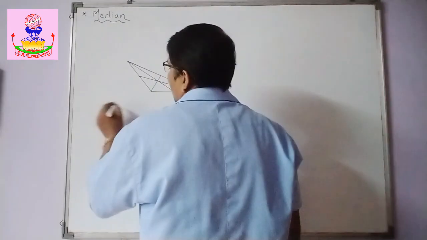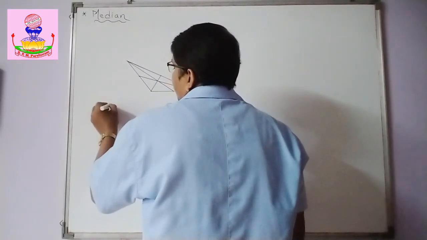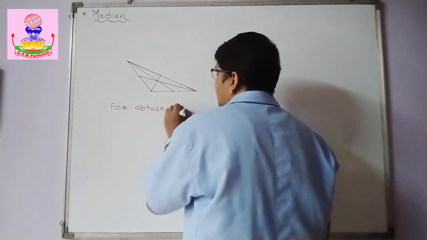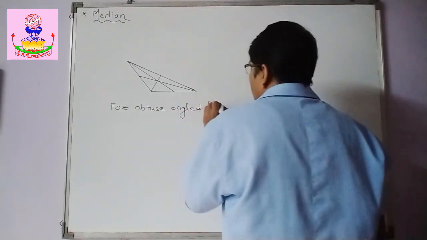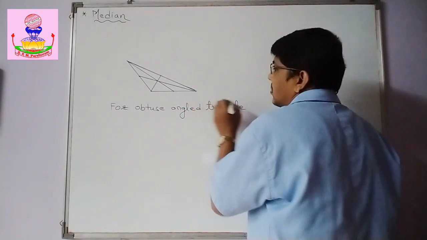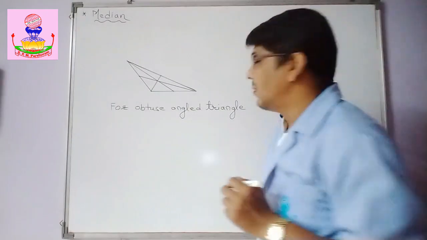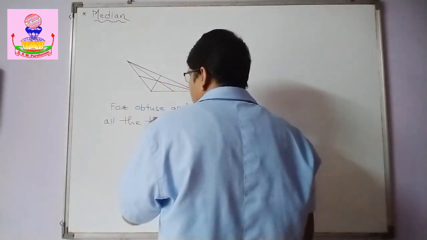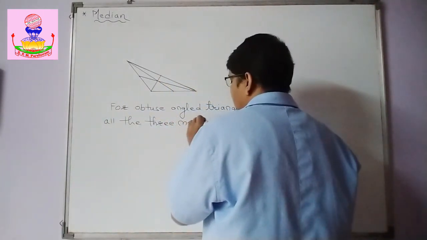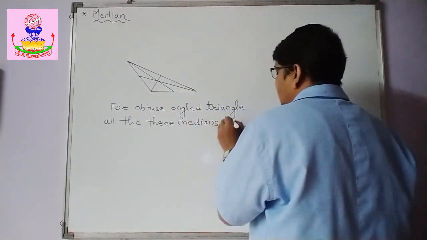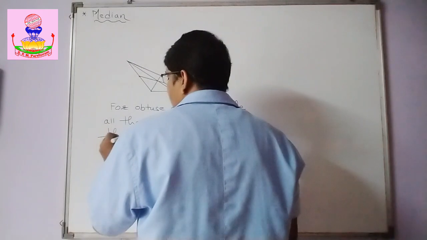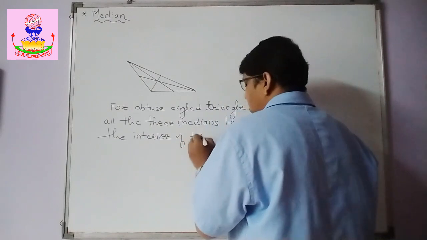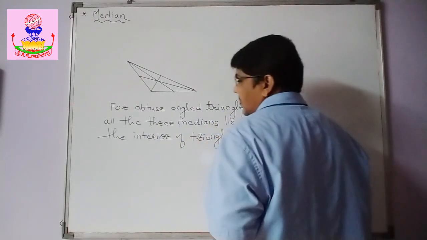Okay, so for obtuse angle triangle also, all the three medians lie in the interior of triangle.